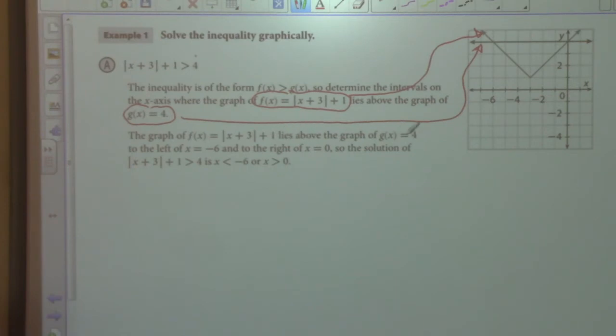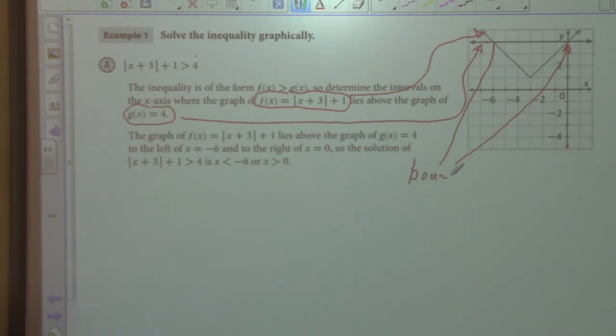Okay, and so we say greater than 4, and so where do we see this graph above this graph of 4? Well, we see it over here to the left, and these are going to be again our boundary points. Remember I talked about boundary points a minute ago?